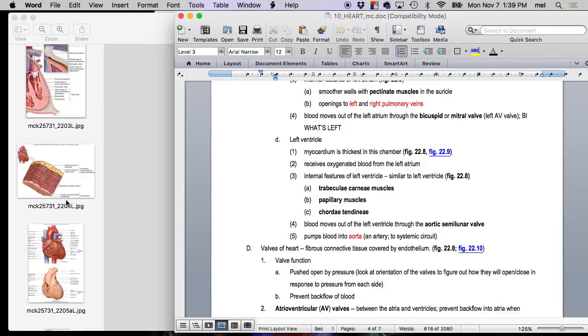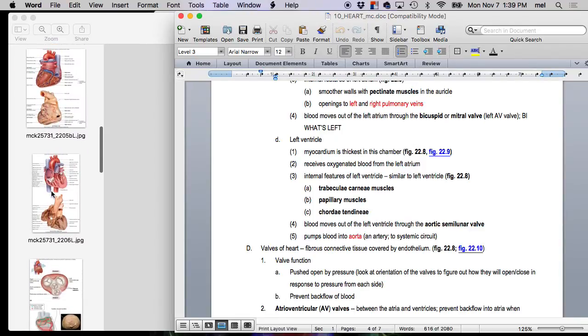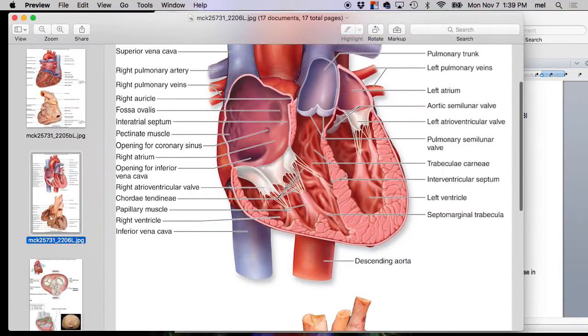So if you look at the valves of the heart, you can understand why quite often people look at them and make these assumptions about how they function. So you've got the papillary muscles and the chordae tendineae, right? And you can look at that and think, oh, I've got muscles and I've got strings and I've got a valve. So they assume that what the papillary muscles do is pull open the valves, but that is not how it works at all. I want you guys to have an understanding of how it works.